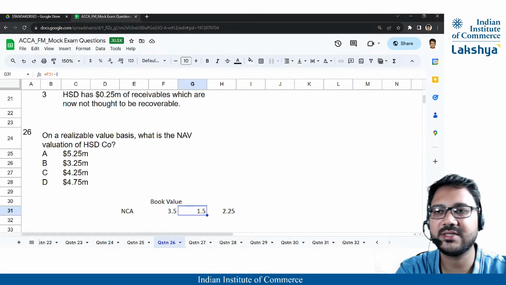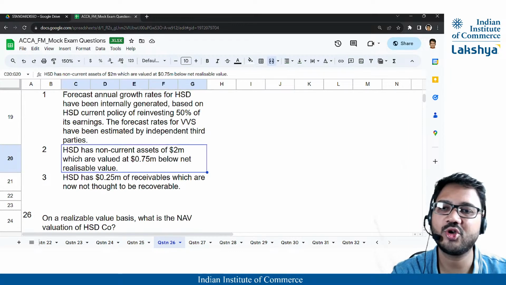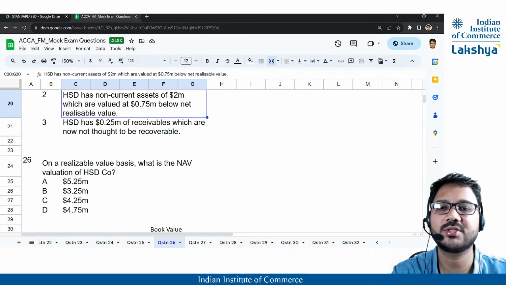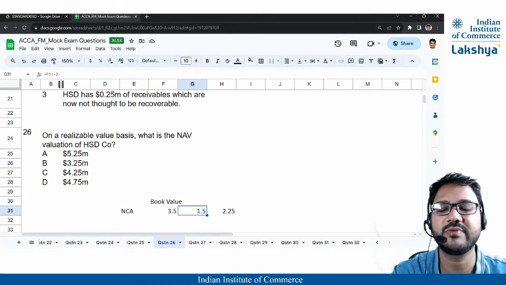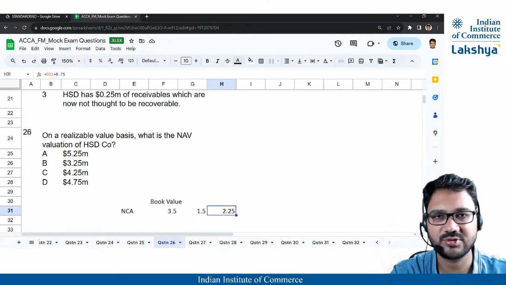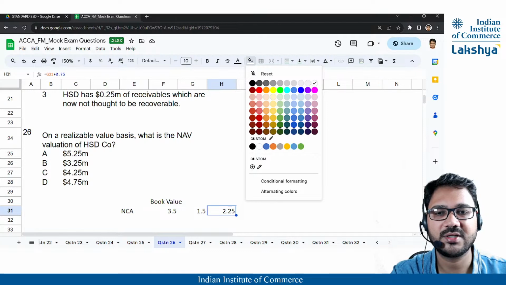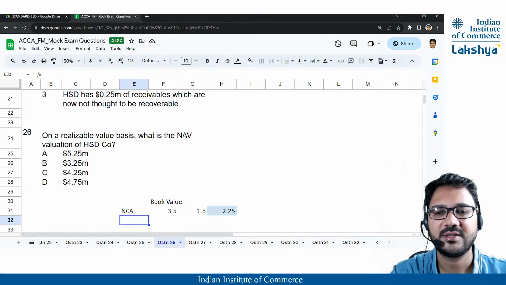However, there was something that is worth $2 million, but it's no longer worth 2 million, it is worth 0.75. It gets reduced to 0.75. So that much portion you are removing. So minus 2 million, and then you are adding 0.75 to it. So 2.25. What we did previously is a common mistake. I also made that mistake right now, but just realized it. So 2.25 is the non-current asset.